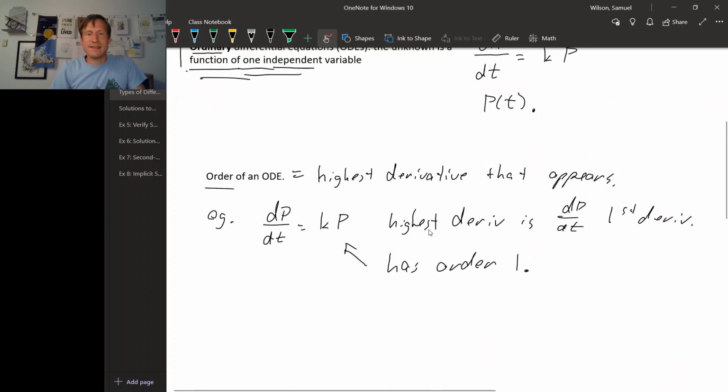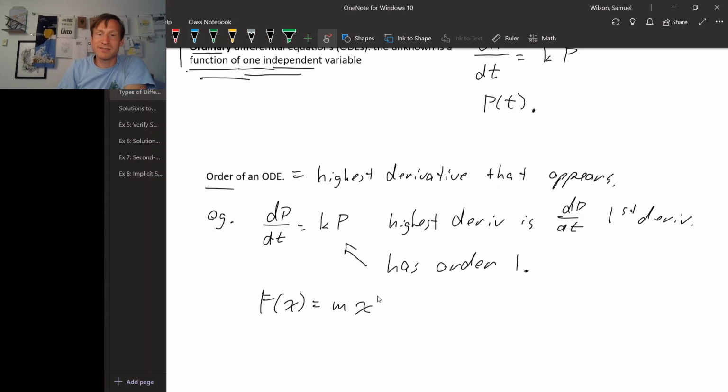And in the example with Newton's second law, where we said f of x equals mass times x double prime, well, here the highest order derivative is the second derivative. So this would be second order. In principle, you could have a differential equation of any order that's a positive integer.